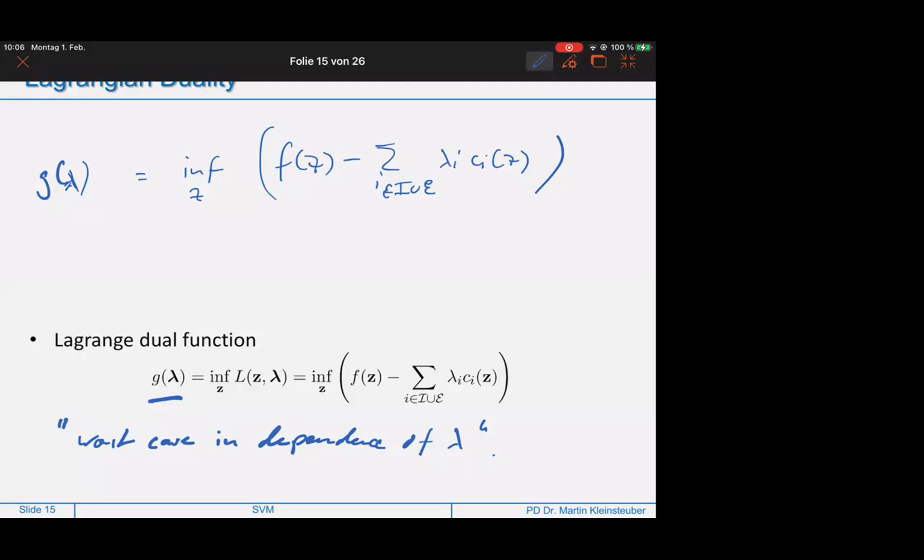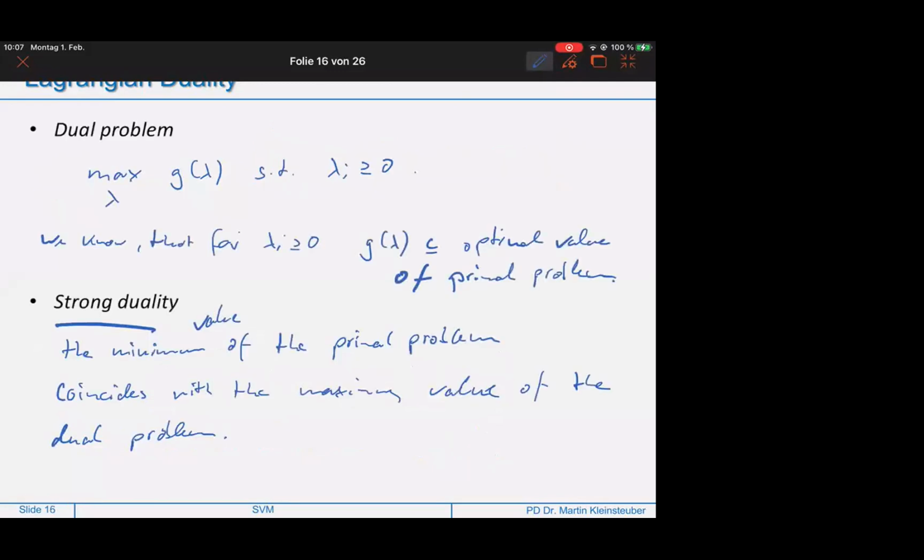So we can obtain a closed form solution of g of lambda, a function that depends on lambda. We eliminate z by plugging in the critical point condition, and then the dual problem that we have to solve becomes easier. It's really a problem that only depends on lambda.